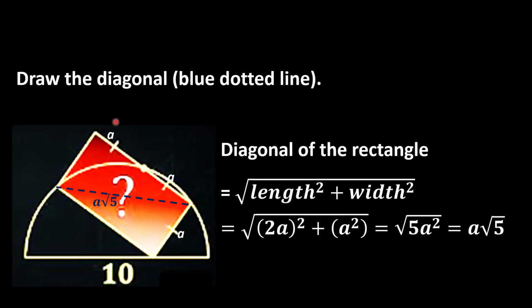Now we were talking about drawing three straight lines. The first straight line is the diagonal. You can see the blue dotted line, the diagonal.